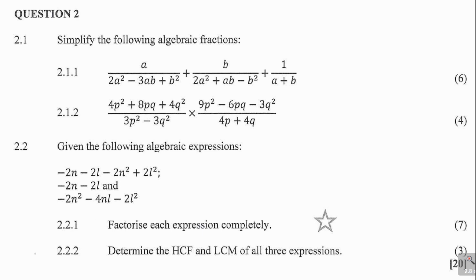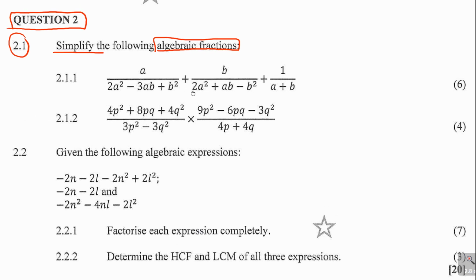As I said, we have already looked at the first question. Now, question 2.1 says simplify the following algebraic fractions. There is something important that I want to emphasize, especially when it comes to question number 2.